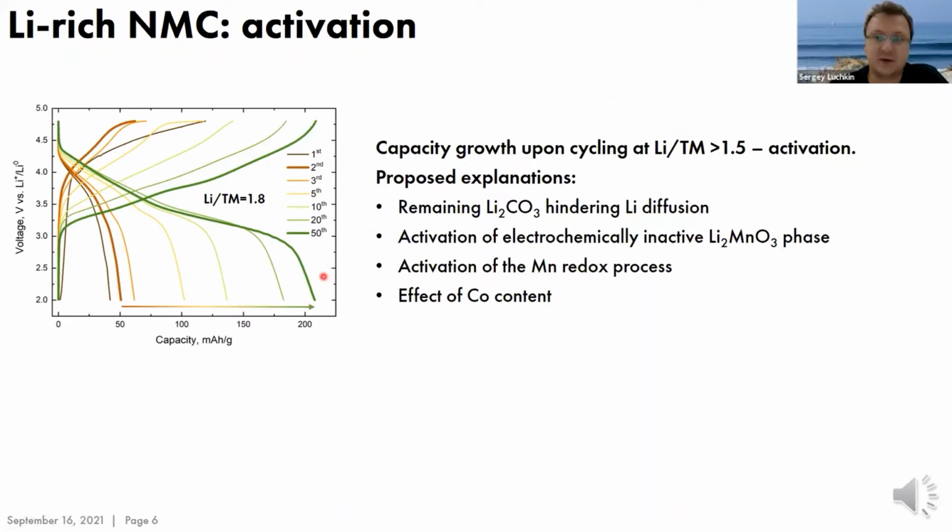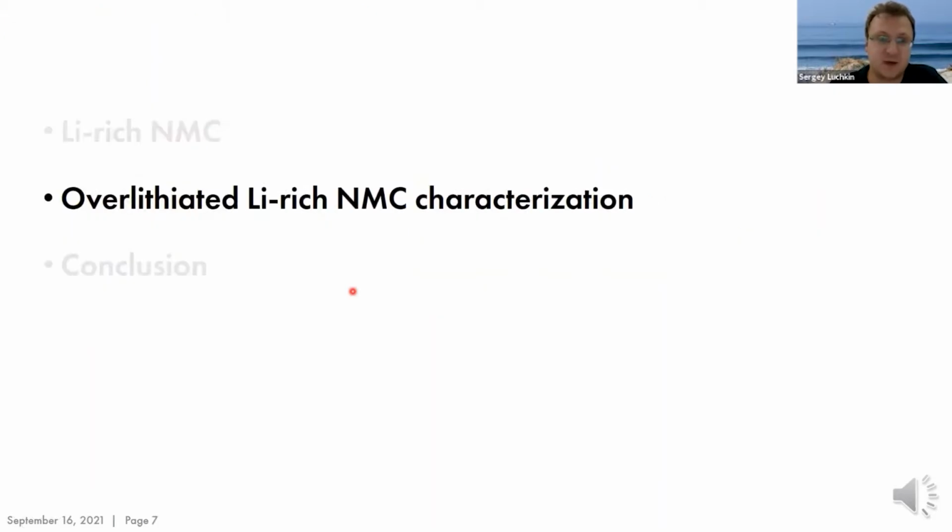And when the lithium to transition metal ratio exceeds 1.5, we start to observe this strange behavior when, during cycling, capacity increases upon cycling. And this is highly unusual. There were several hypotheses proposed to explain this phenomenon, but none of them seems sufficiently solid. So we tackled this problem, and here are our results.